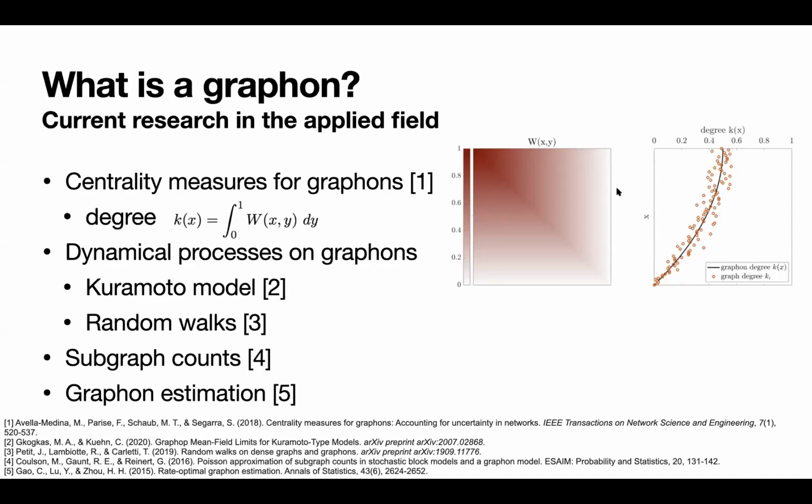And here I have an example. It's again this graphon we talked about earlier. And the solid line is the graphon degree, which is just a parabola. Then if I create a graph from this, I think with size 100, and look at the rescaled degree of the nodes in the sampled graph, you're going to see that it closely resembles the graphon degree, but of course not exactly, because there are always going to be some random fluctuations.